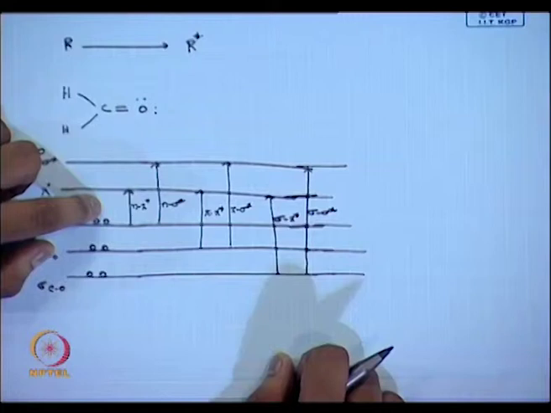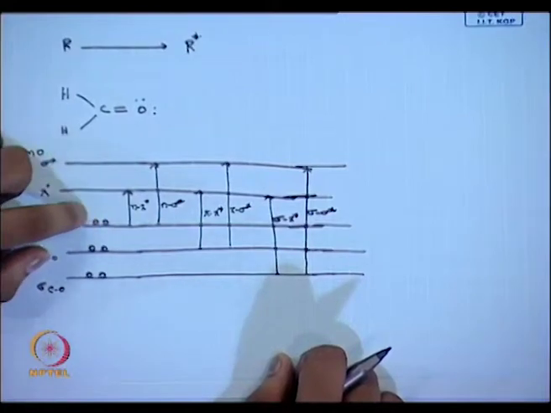I am going to say that, see guys, I am going to give you a very minimum amount of energy. I am not going to tell the number, just for crude, a very minimum amount of energy I am going to shine on this formaldehyde. So, what transition can we observe? With the minimum energy, your n pi star transition can happen, right. Other transitions need more energy. So, with the minimum amount of energy I can do my n pi star transition.